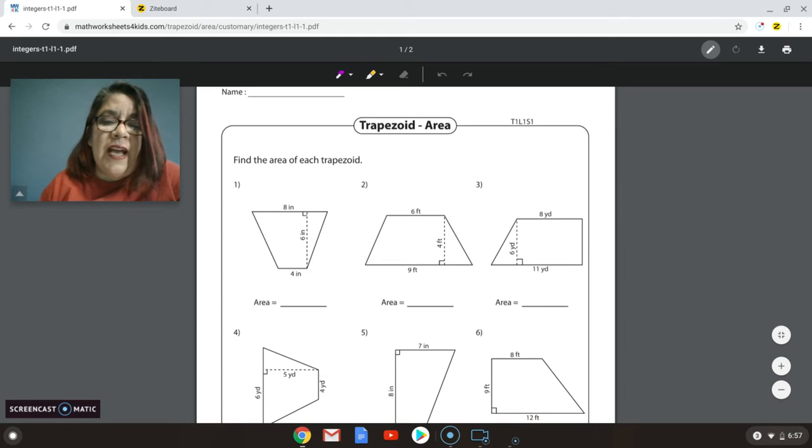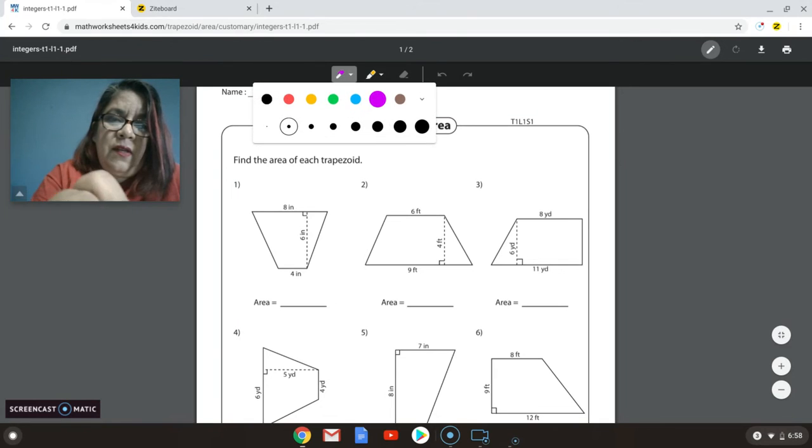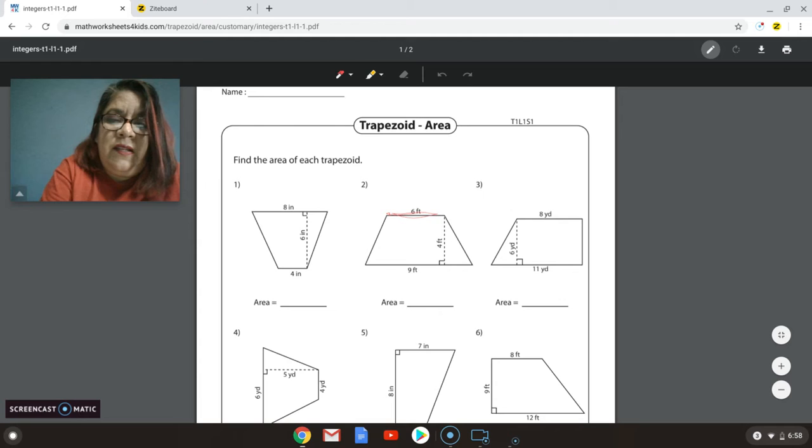Let's do a few of these together. Why don't we look at problem number 2? In problem number 2, we have a few dimensions here. It's all expressed in feet, but we have to identify the parts of the trapezoid first. So what are my 2 bases? Yes, my base 1 is this, 6 feet.